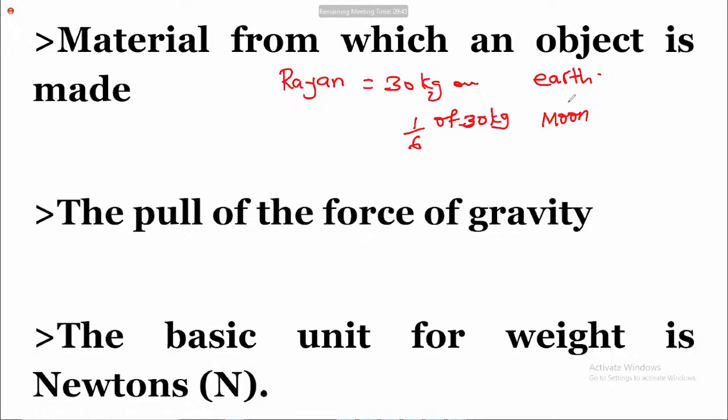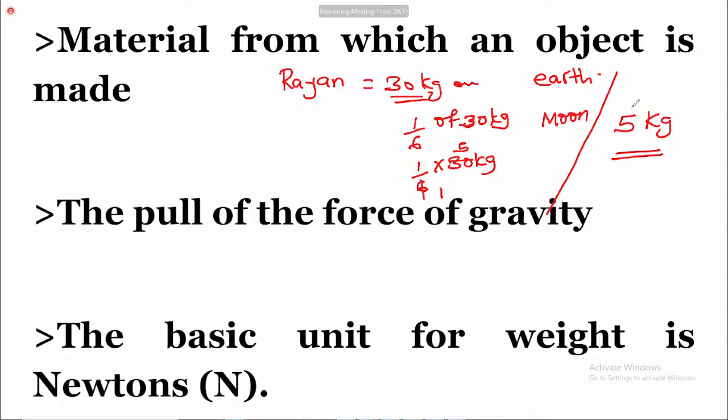Meaning, 30 divided by 6, he will be 5 kilograms on the moon.